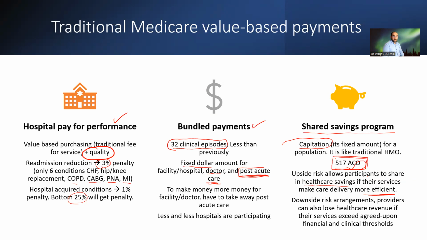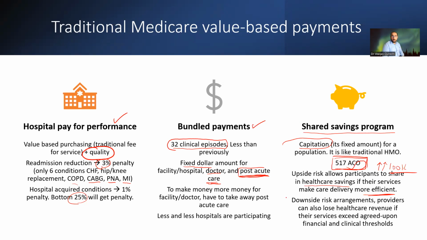Let's say they get $100,000, I'm just making up an amount, and they're supposed to take care of patients with that, and they saved $20,000. That's theirs. Now the downside risk, what's the problem with that? If you go above the 100K, everyone has to suffer. So this is not a great system.